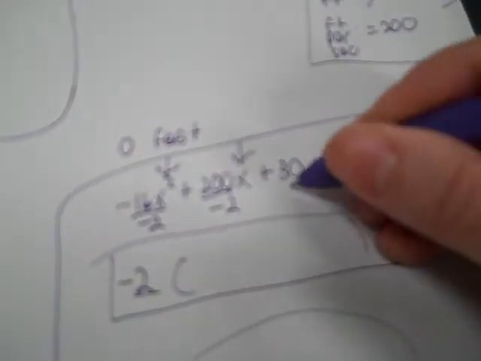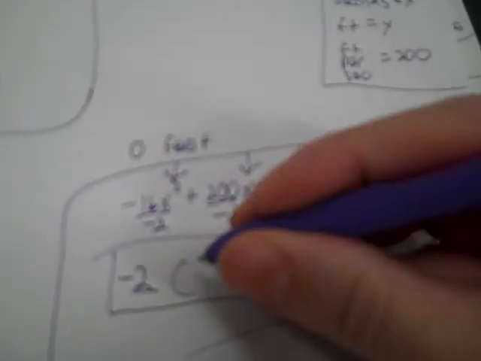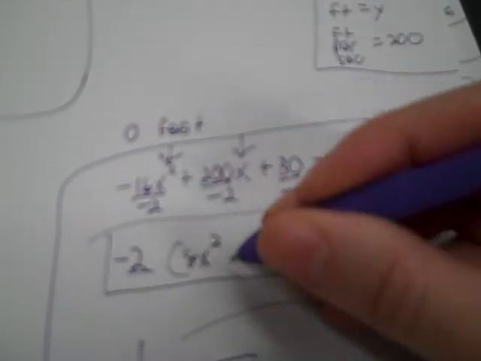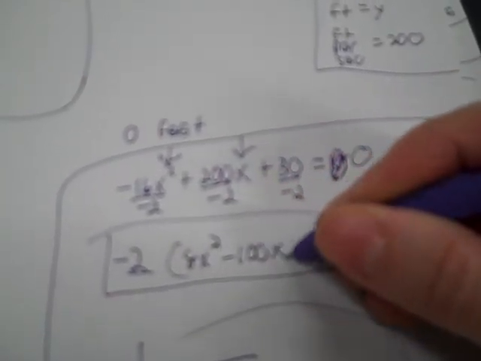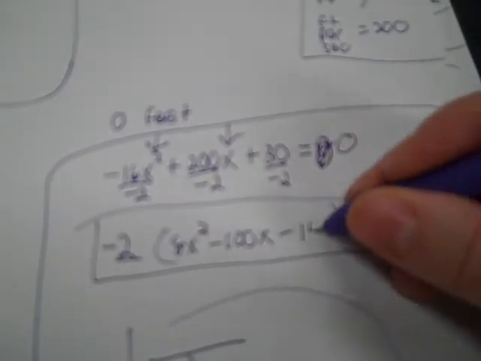Now, are all these even numbers? Yeah, they are. So you know 2 is going to work for sure if it comes down to that. So negative 2, divide all your terms by negative 2. So that's positive 8 x second, minus 100 x, minus 15.